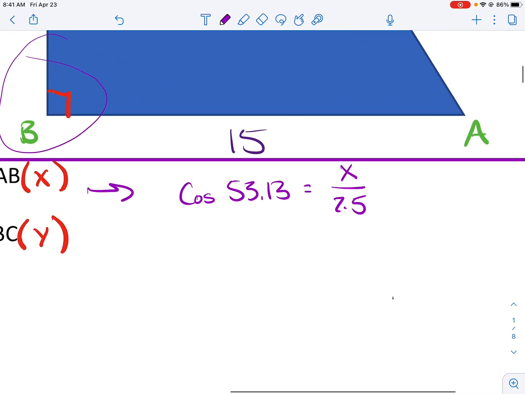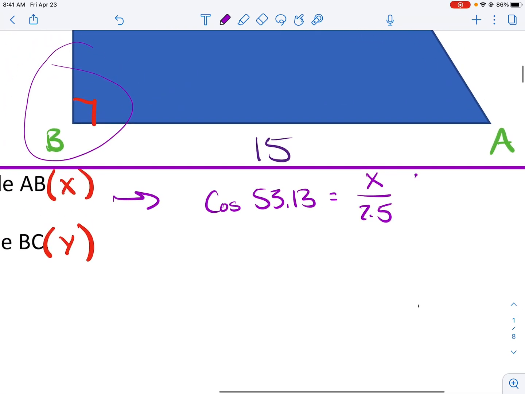And how do we solve this? You have to multiply both sides by 2.5, because remember, the cosine of 53.13 is actually a number, some ratio created when you have a 53.13 degree angle.